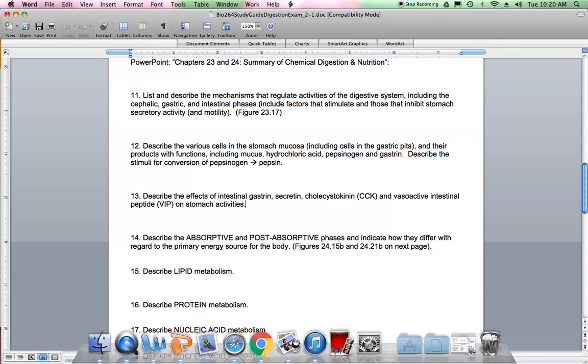Okay, absorptive and post-absorptive phases. I included the figures lower down on the study guide. Absorptive, of course, just means while you're eating, while you're absorbing food. So when you start eating, for the next couple of hours while you're absorbing the food, it will keep your blood glucose level high so that the body cells have plenty of nutrients to use, including the other monomers such as amino acids, etc. It will stimulate the storage of energy as well.